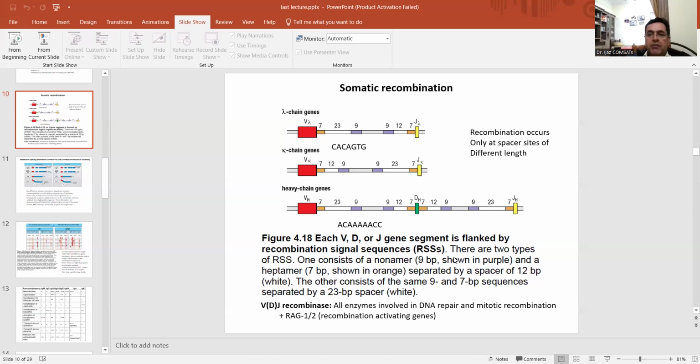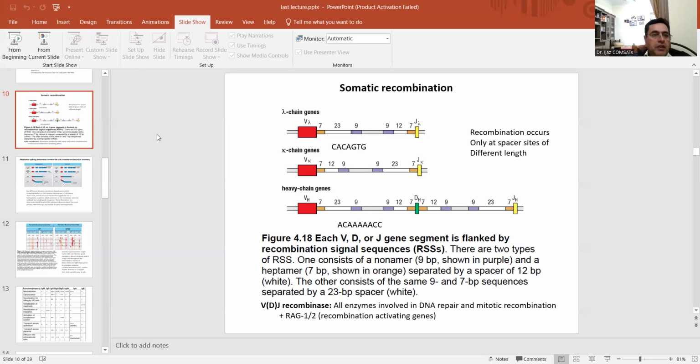Different kinds of recombinases are involved in this particular process, and they lead to this kind of recombination, so that different segments are recombined with each other, and that would lead to this diversity in the variable region.